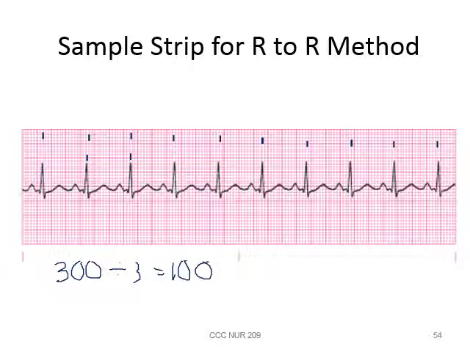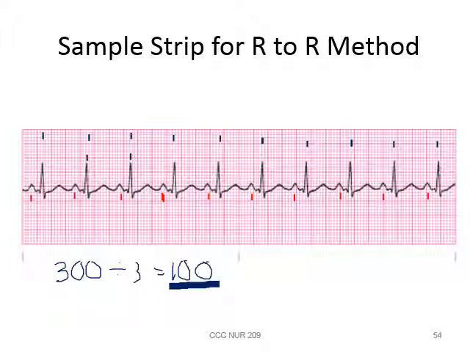So 10 times 10, 100. So you get the same rate using both methods. If we counted the P waves, we'd have 1, 2, 3, 4, 5, 6, 7, 8, 9, 10. So we have an atrial rate of 100 as well.